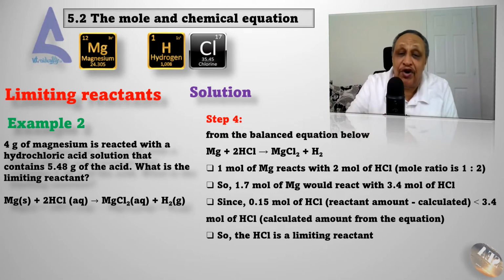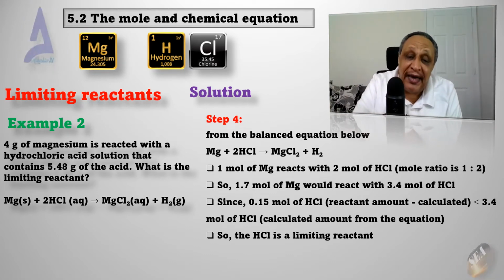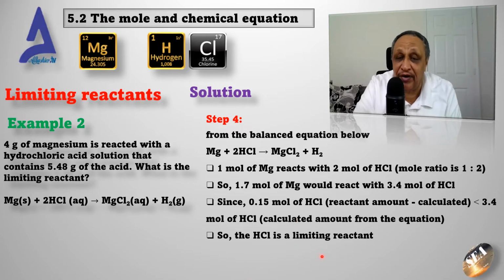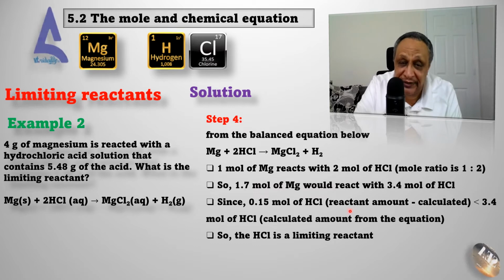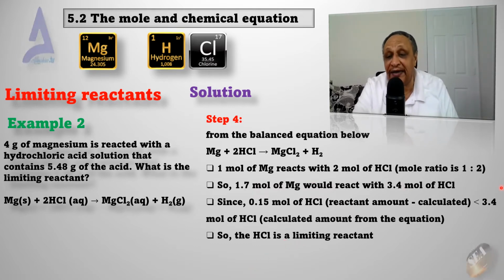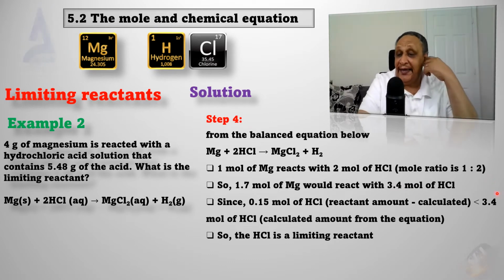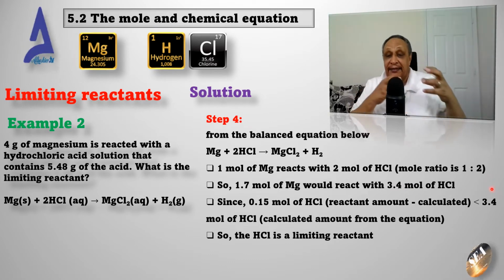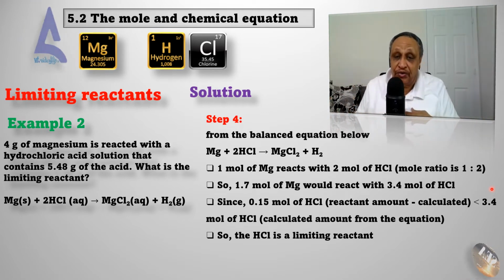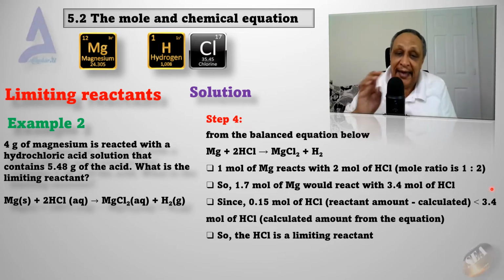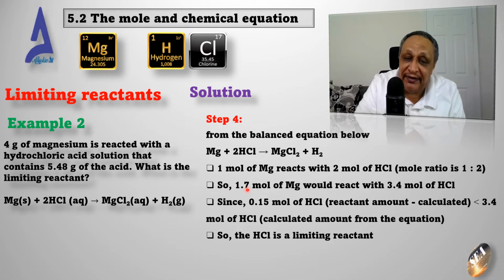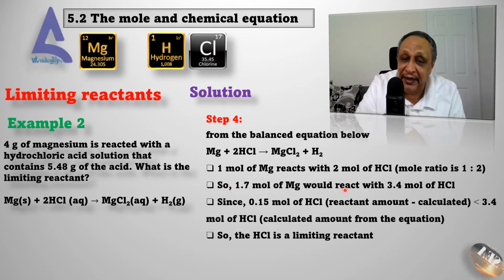Now let us go one by one. From our balanced equation, we come out with this information: 1 mole of magnesium reacts with 2 moles of hydrogen chloride, and this means that the mole ratio between the two reactants is 1:2. Now we already have 1.7 mole of magnesium that would react.